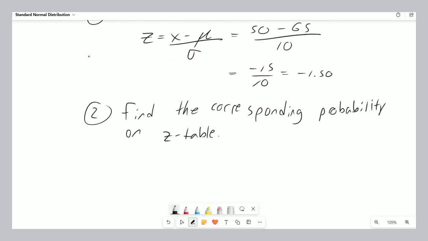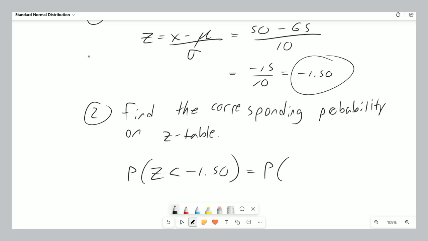So we're going to look up negative 1.50 on the z-table, and that is going to tell us the probability of being below negative 1.50. So the probability of z being less than negative 1.50, which is equal to the probability of x being less than 50, is whatever the z-table tells us. So let's go find negative 1.50.